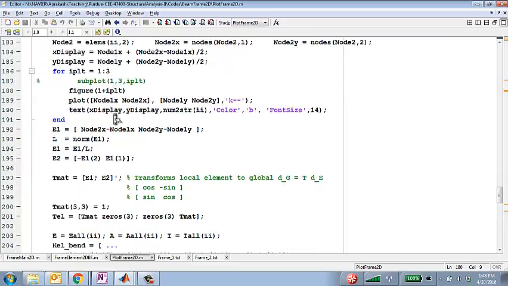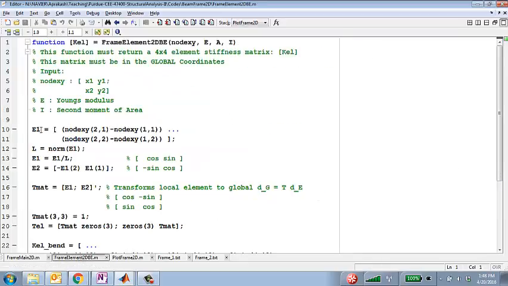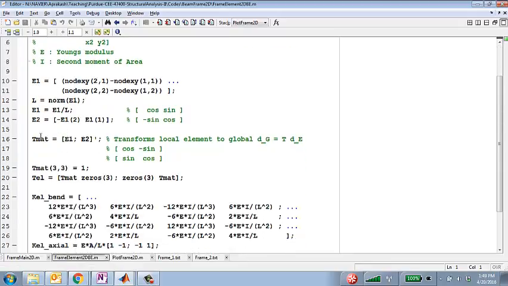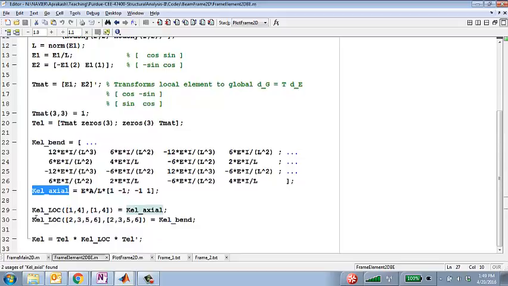At that point, you'll be able to see that this part of the code is extremely similar to your frame element 2D code. Frame element 2D code is nothing but calculate the normal vector n hat, m hat, construct the transformation matrix from that, construct the bending part, the axial part, and you have the local element stiffness matrix. That's the local 6x6 that I just showed you.